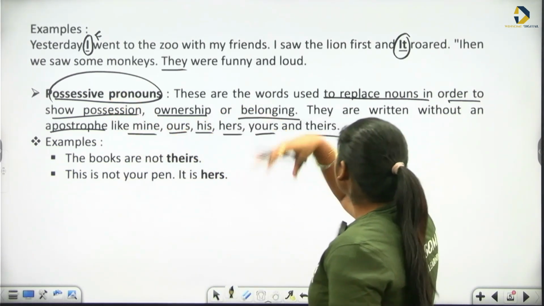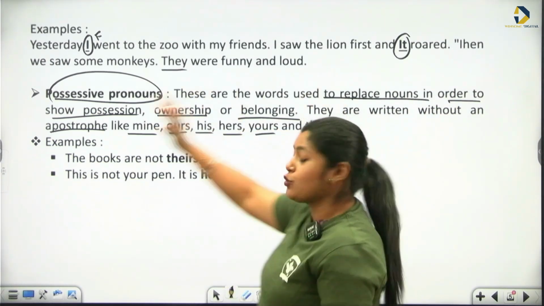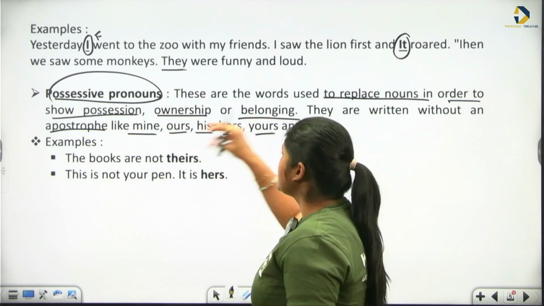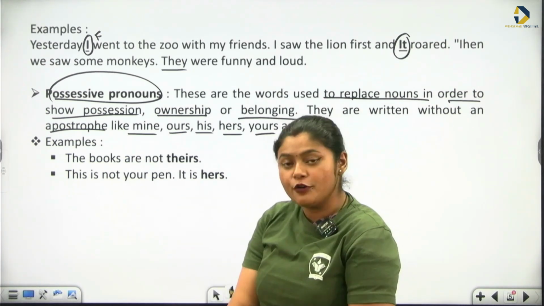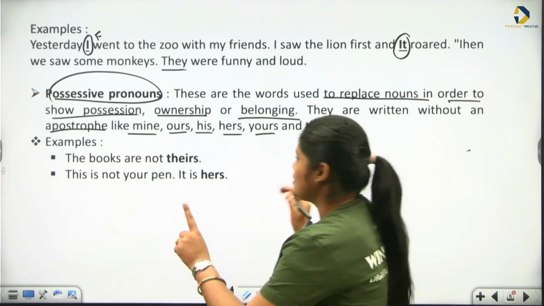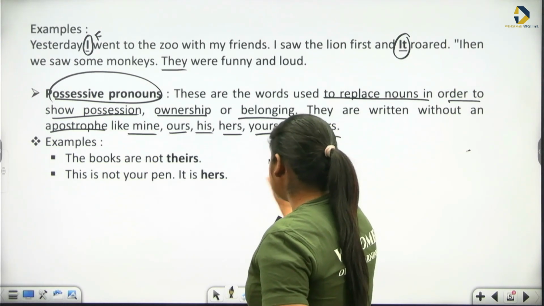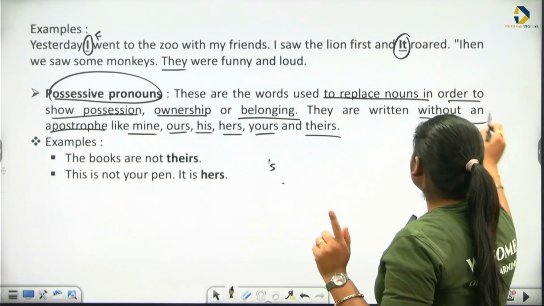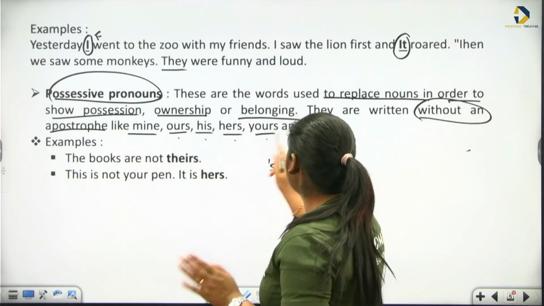When we replace any word as a noun in order to show its possession, its ownership or belonging, who is the owner of this, we call it a possessive pronoun. They are written without an apostrophe. When we put an s like this, it is an apostrophe s. So we don't use an apostrophe: mine, ours, his, hers, yours and theirs.